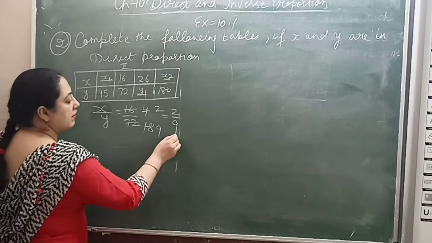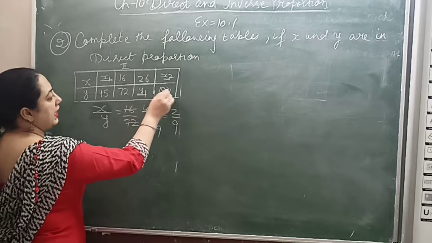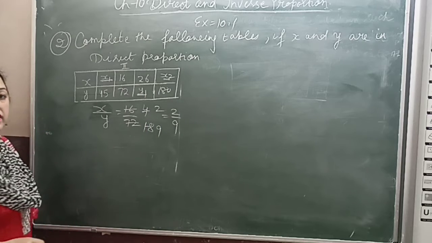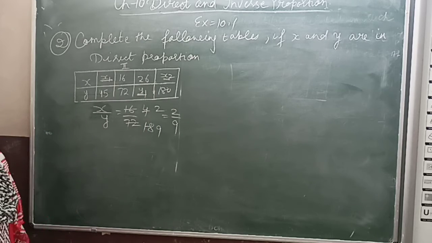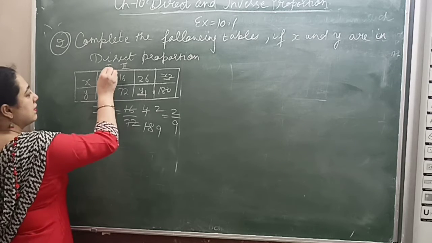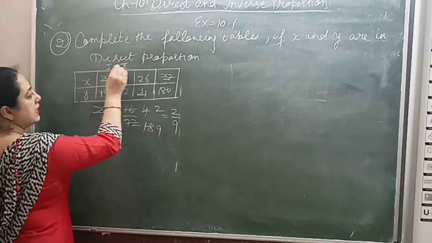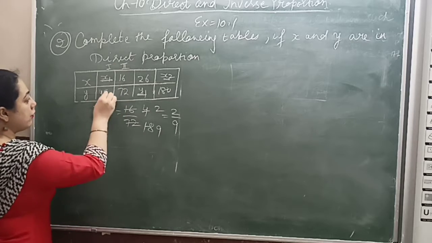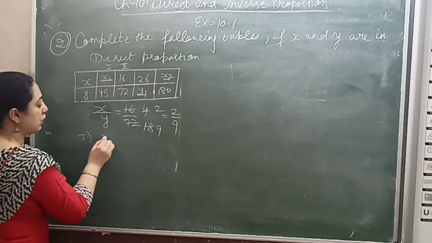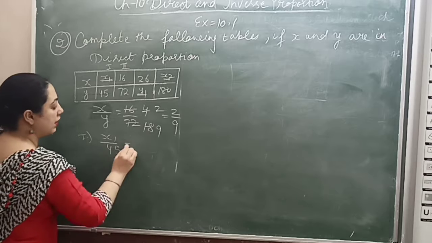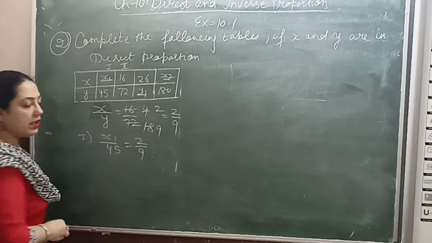Now we equate this ratio with each one of these columns and find the corresponding values of x1, x2 and y1. Let us equate first of all the first and second ratio. The first ratio is given to you, x1 over 45, which is equal to 2 over 9.